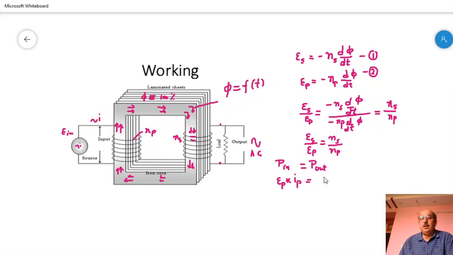So it is Ep into Ip is equal to Es into Is, or Es by Ep is equal to Ip by Is.